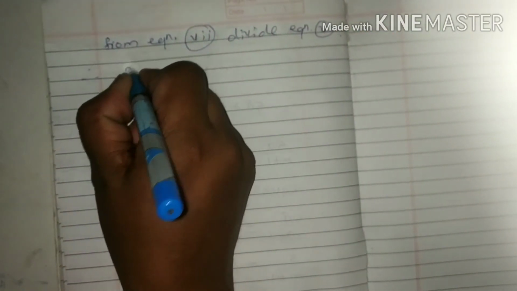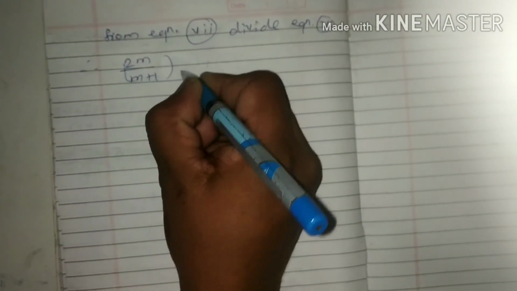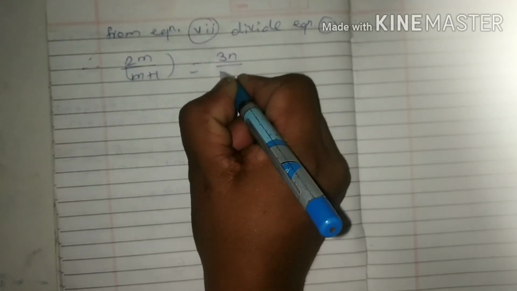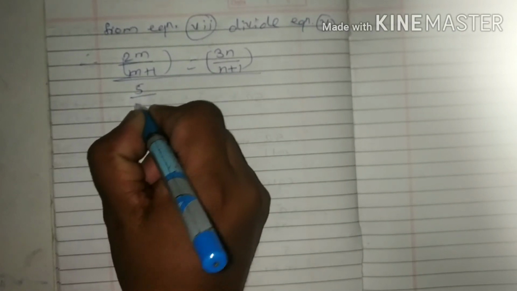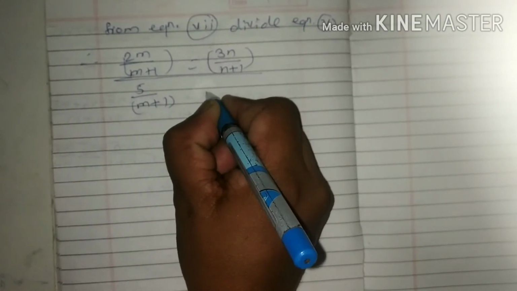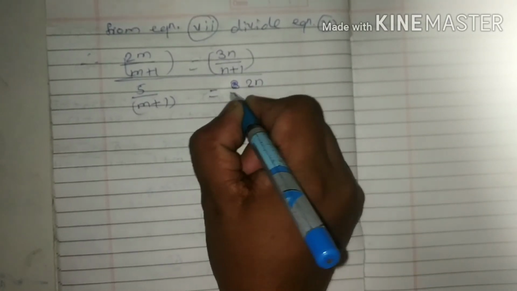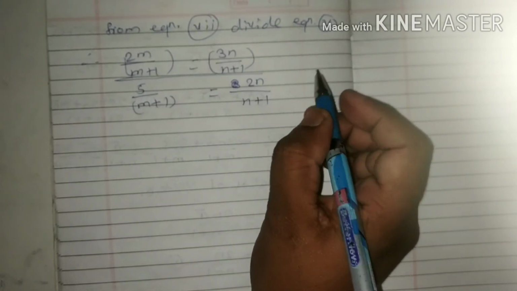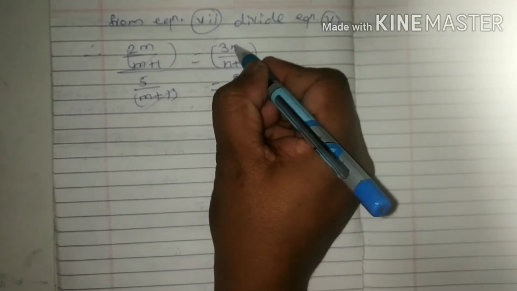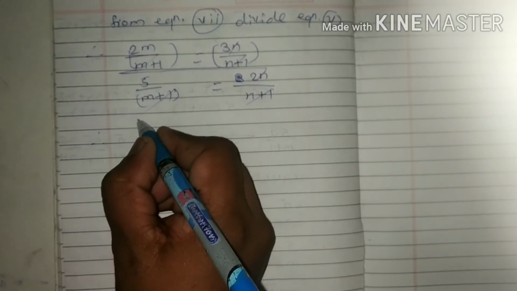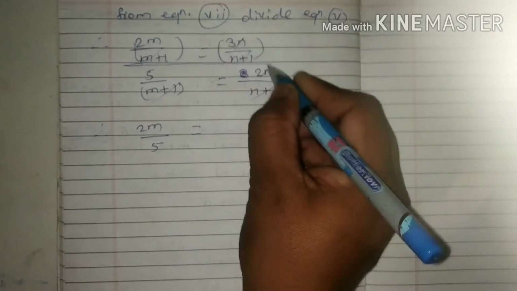We get therefore 2m divided by m plus 1 is equal to 3n divided by n plus 1, then divided by 5 divided by m plus 1 is equal to 2n divided by n plus 1. m plus 1 gets cancelled, n plus 1 gets cancelled, n gets cancelled, and we write the remaining term, that is 2m divided by 5 is equal to 3 divided by 2.